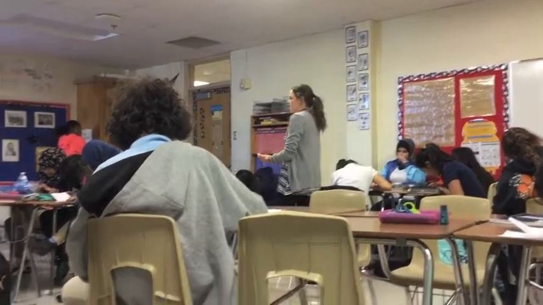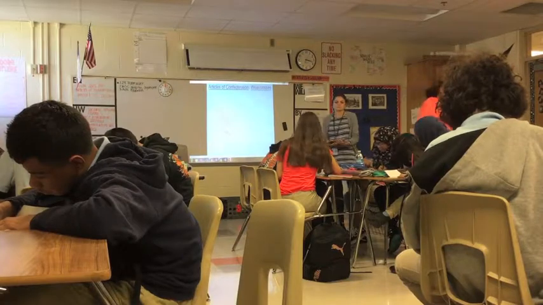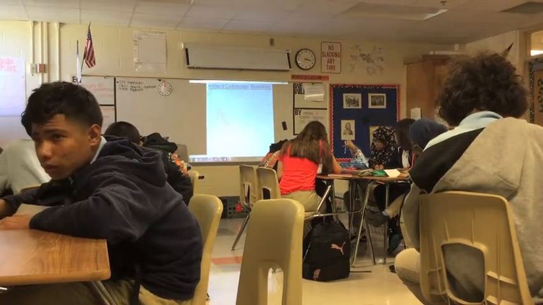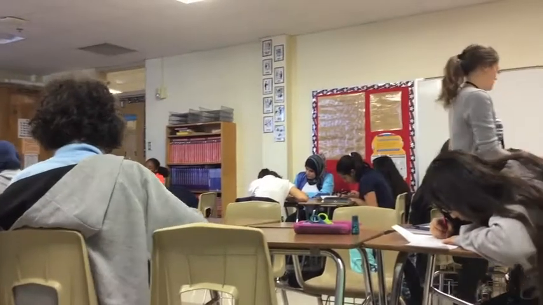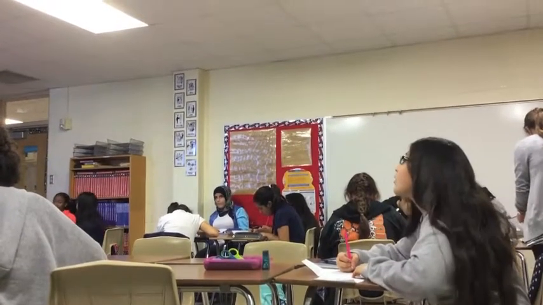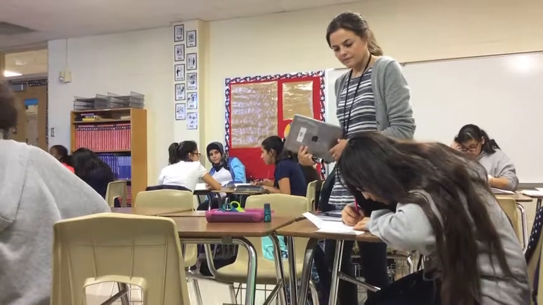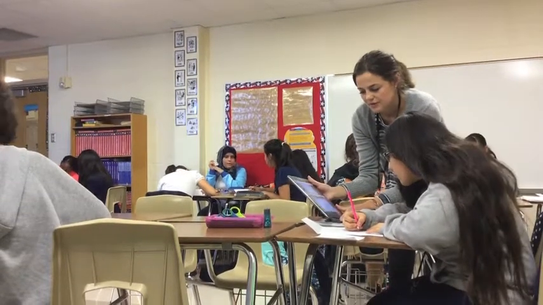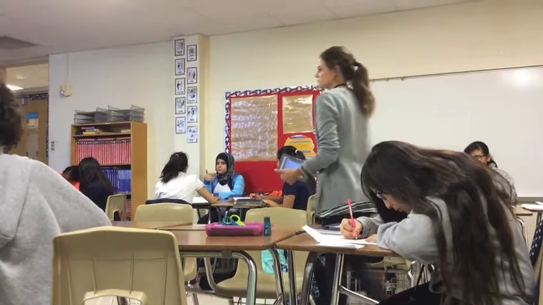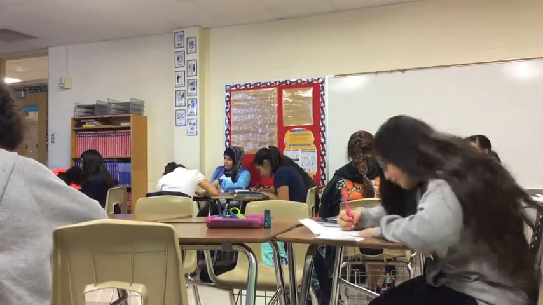Weak central government. So when we say central government, national government, federal government, it's all the same thing. So no executive branch. We do not have a president yet. So remember, they didn't want another tyranny.